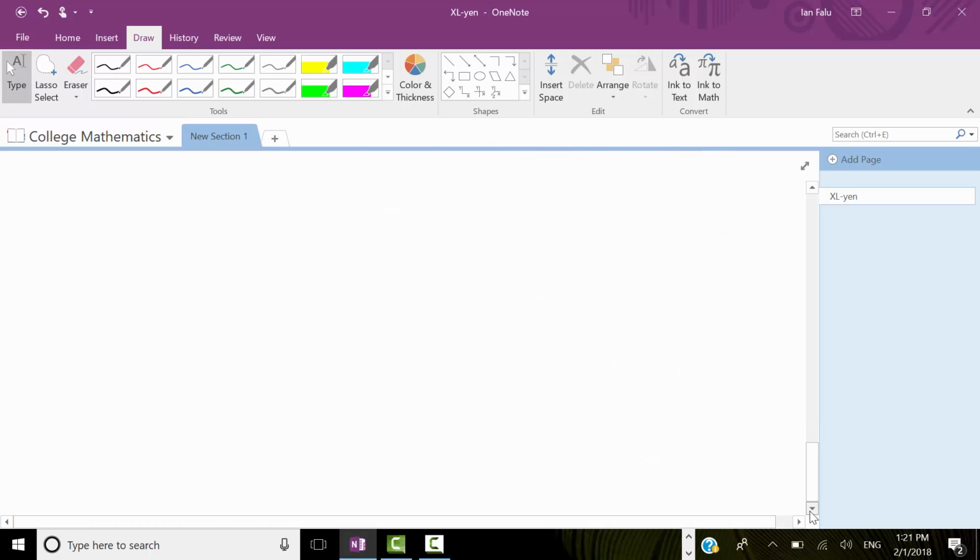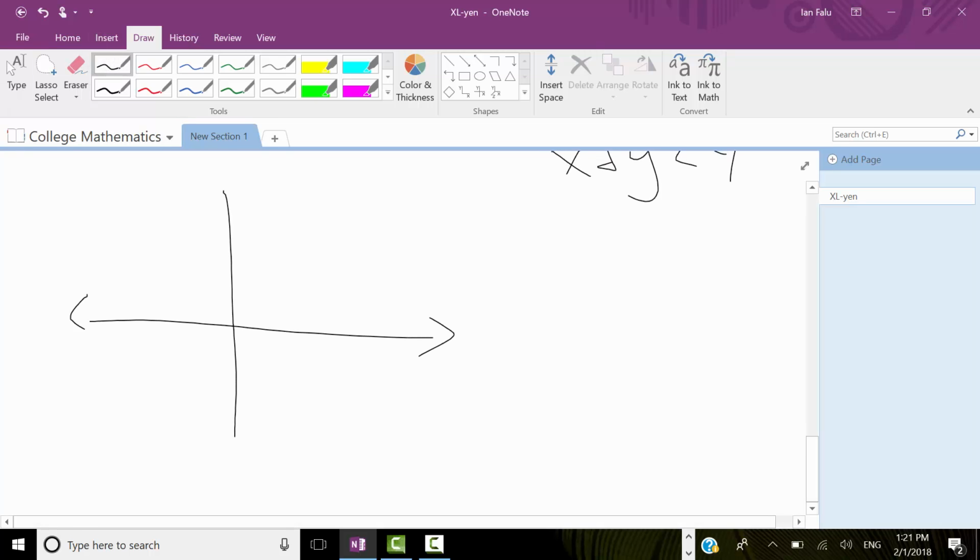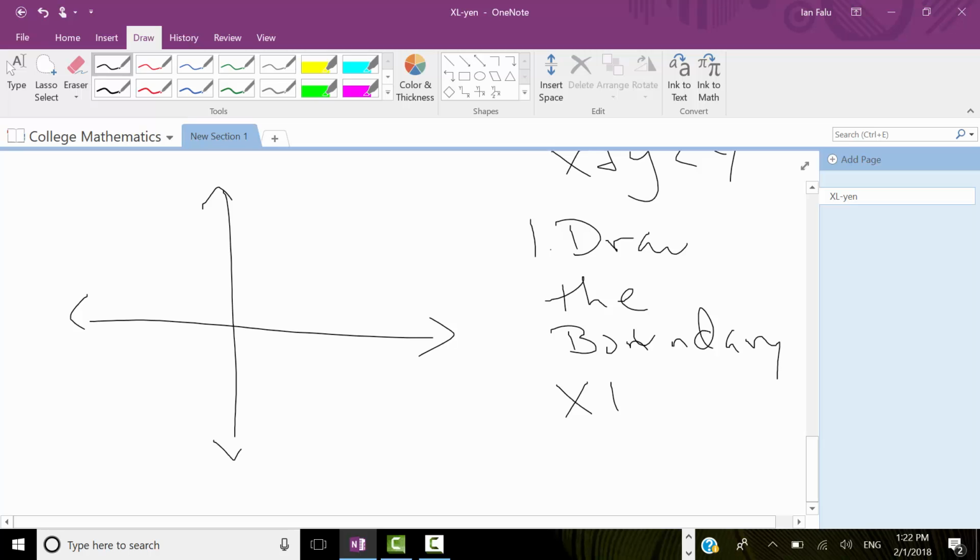So the first thing that we need to do is draw the line, draw the boundary, right? Basically, the line x plus y equal to 4. And we already did that. Something like this, right? You can look at it before.